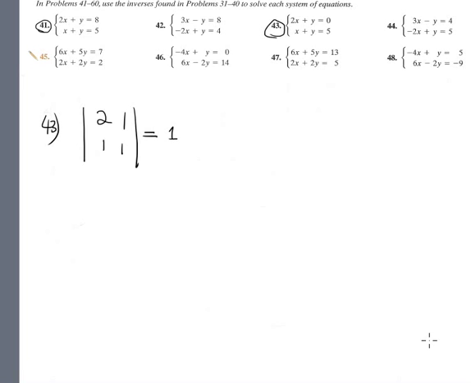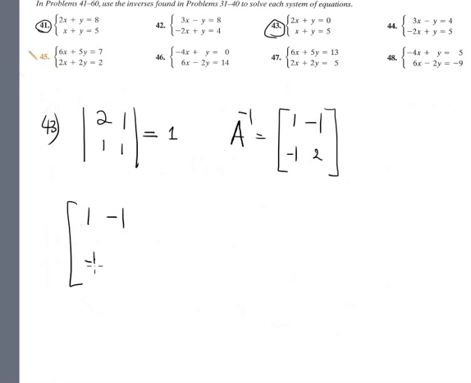Okay, 43 is similar because it's the same matrix A. The only key change is the vector B. The determinant is the same, the inverse is the same. I don't need to compute again. It's 1, -1, -1 and 2. And the only thing you should do is multiplication, this matrix by the new vector B, in this case 0 and 5.